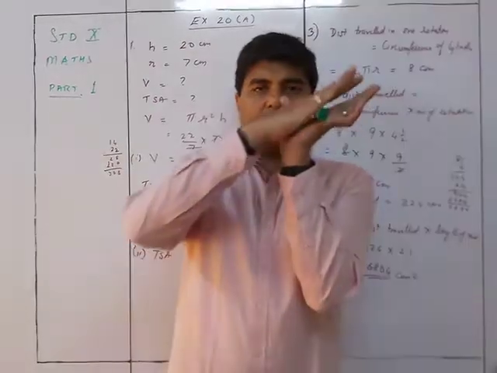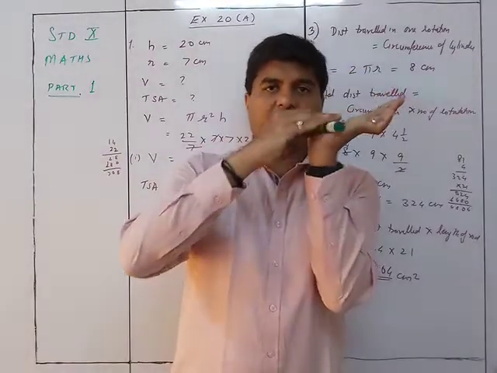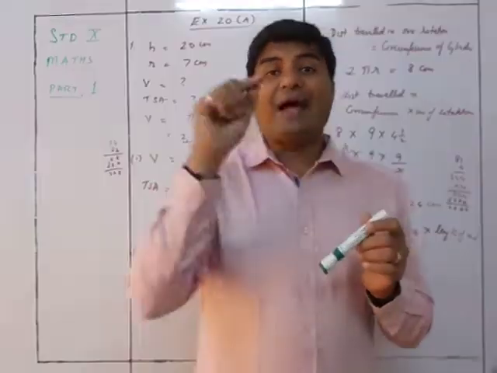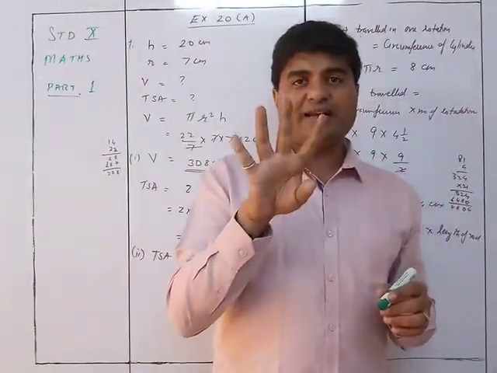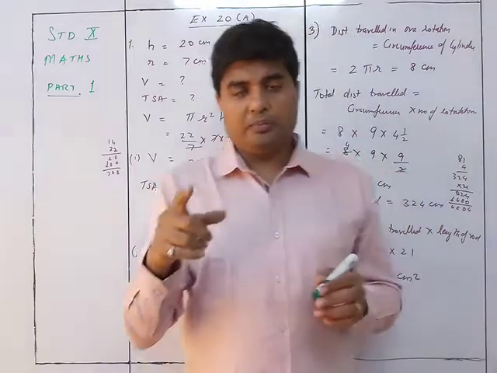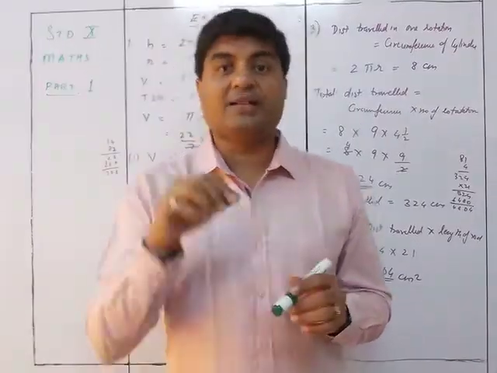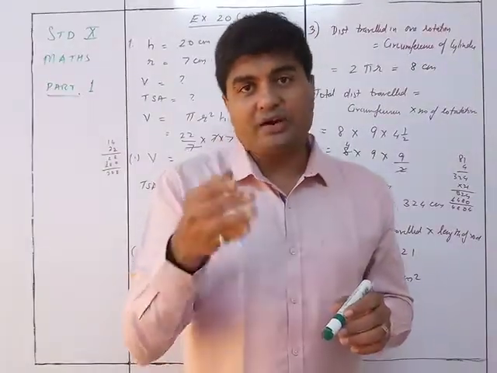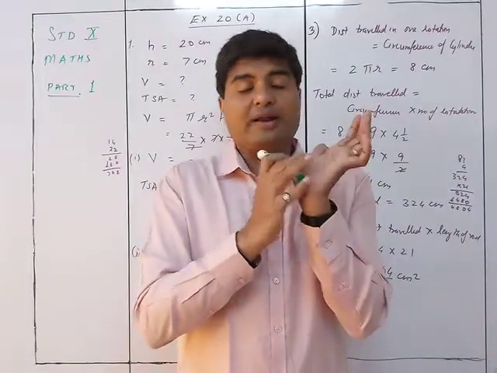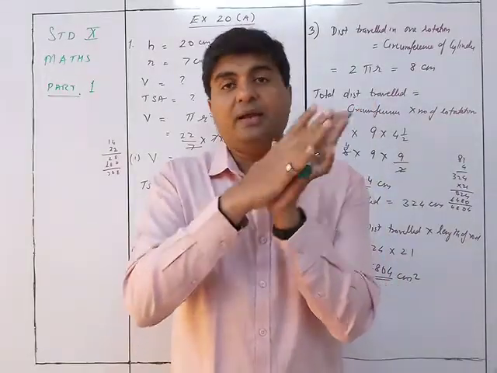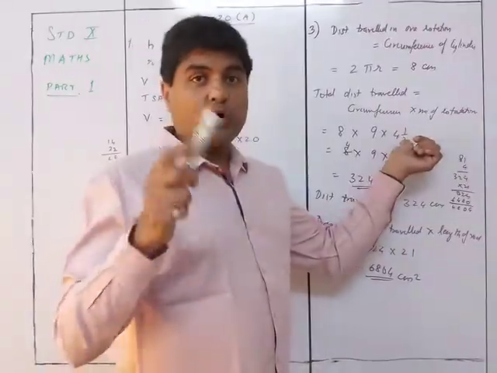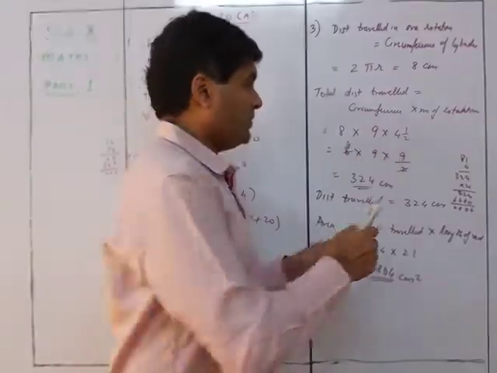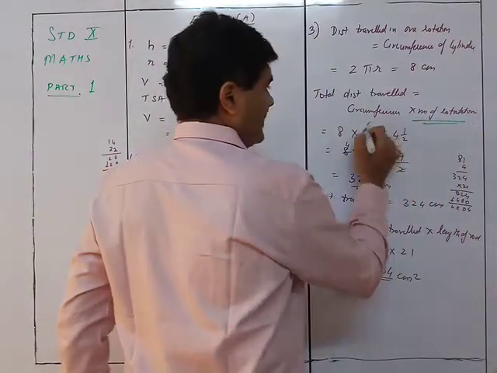When it rotates, it rotates at a speed of 9 rotations in 1 second. So in 4 seconds, 9 into 4 is 36, and another half second. So it is going to make 9 into 4.5 rotations.